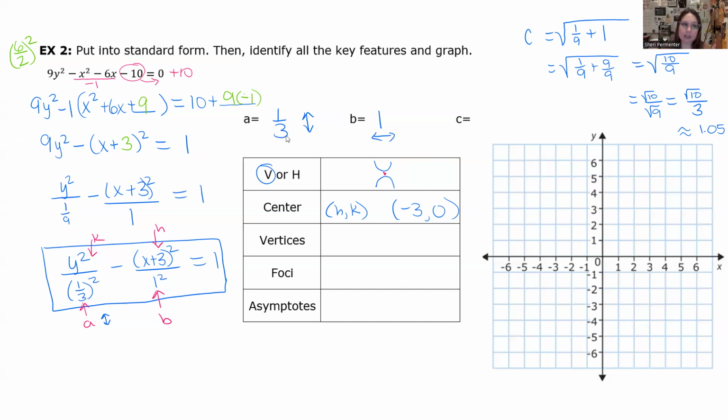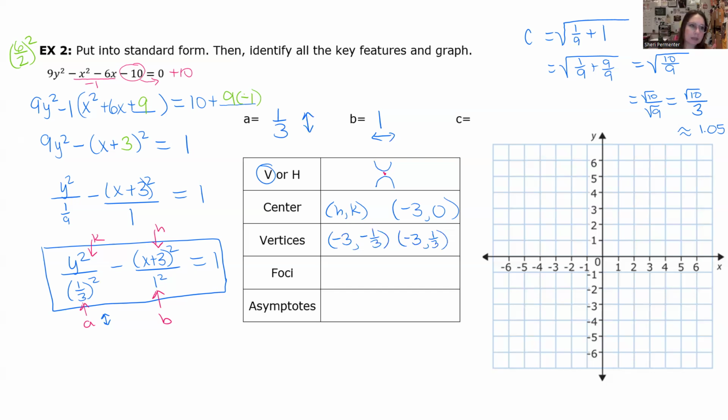So I'm adding and subtracting a third. So my vertices are going to be at -3, minus 1/3, and then -3, positive 1/3, because I'm going to add and subtract those. Am I going to be able to plot something exactly at a third? No, I'm going to have to estimate.